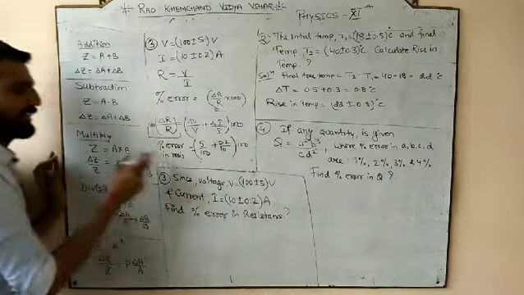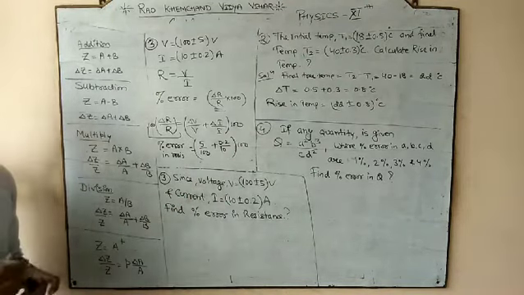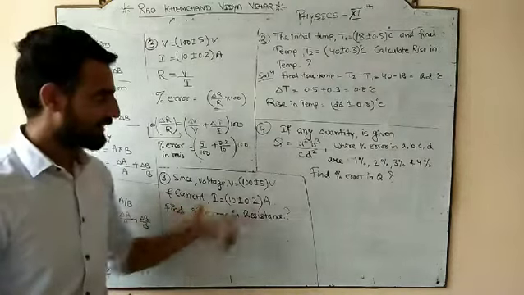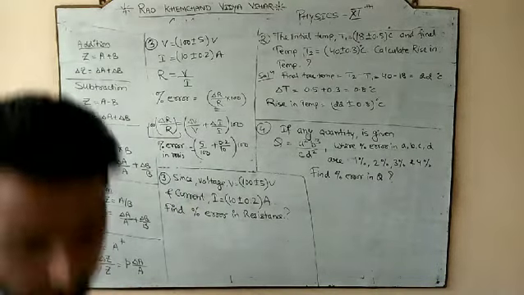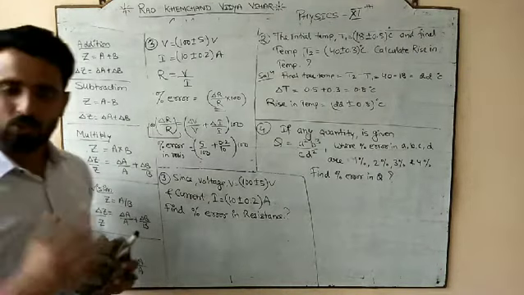We multiply with 100 because we want percentage, and after solving that you get the percentage. Clear?